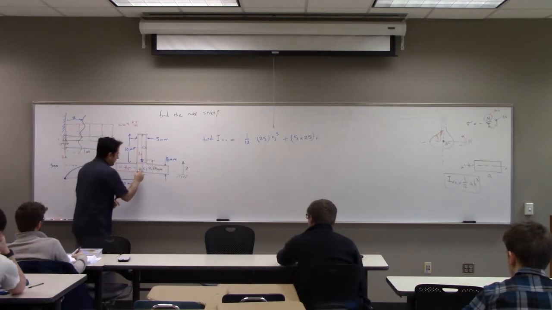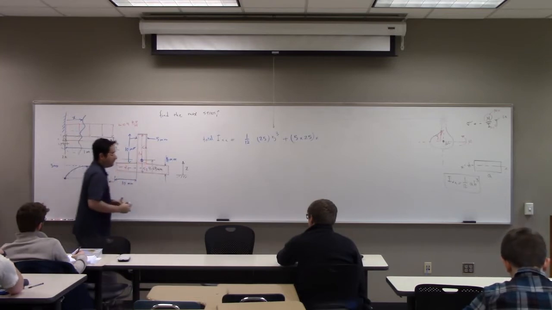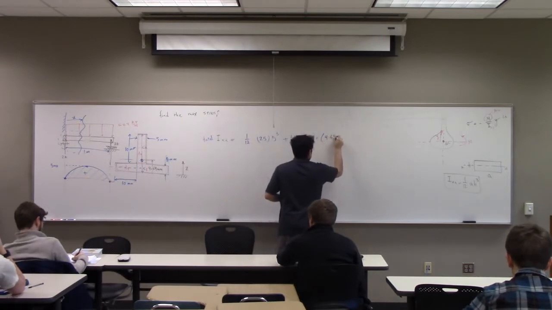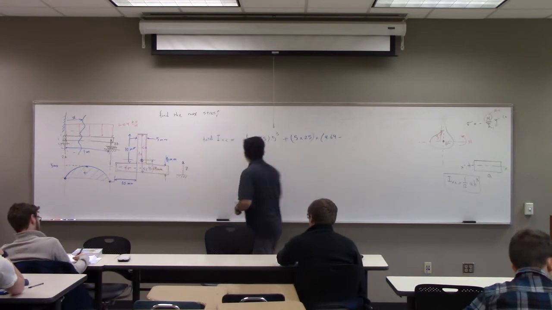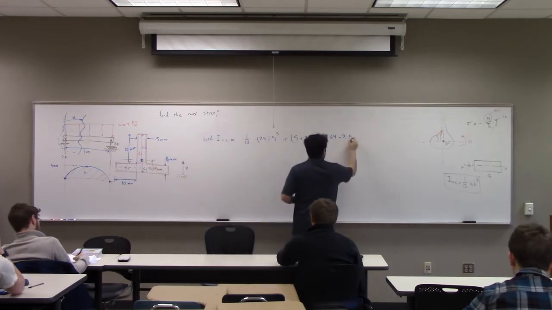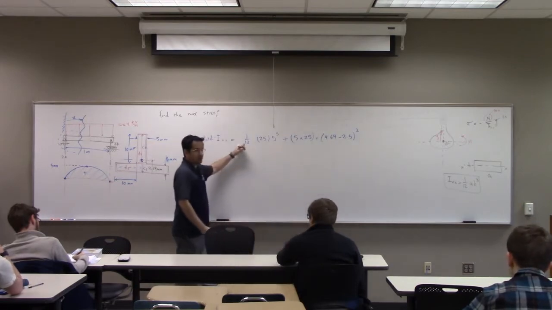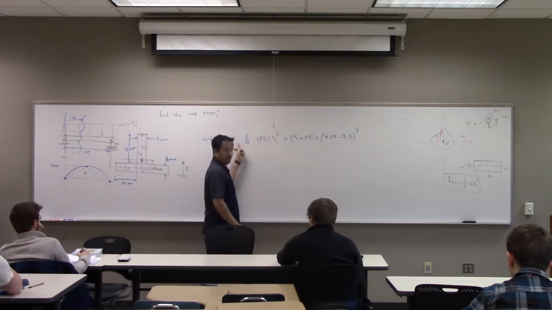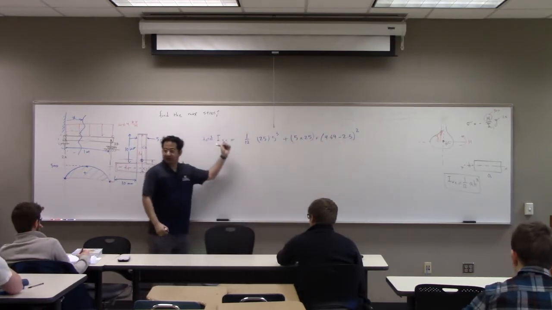The distance is from here to here, which is 4.64, subtracted by from here to here, which is 2.5, squared. That's for shape 1. It's the local moment of inertia plus transfer. Now you have everything for shape 1.